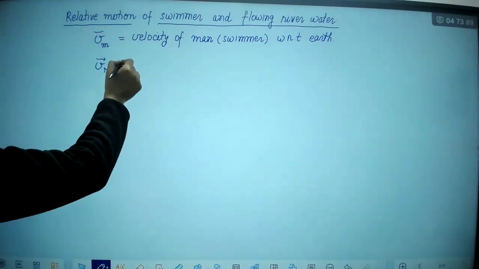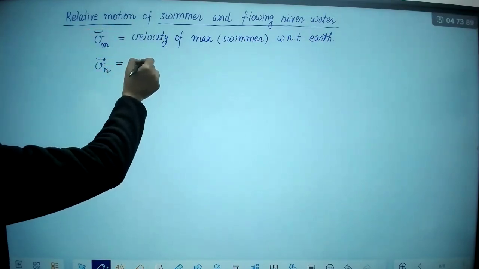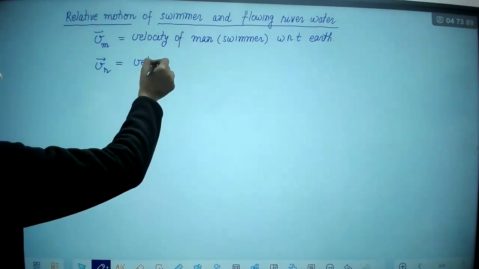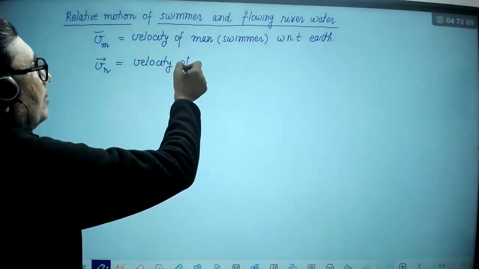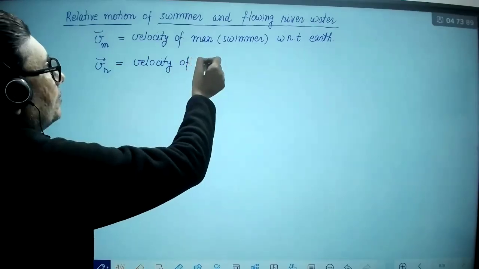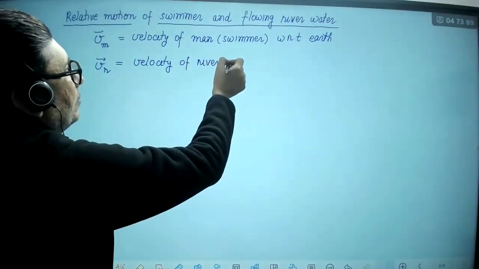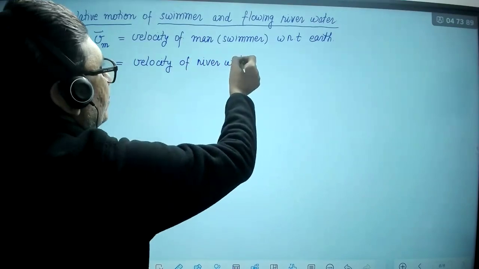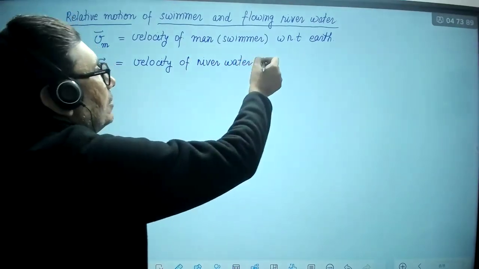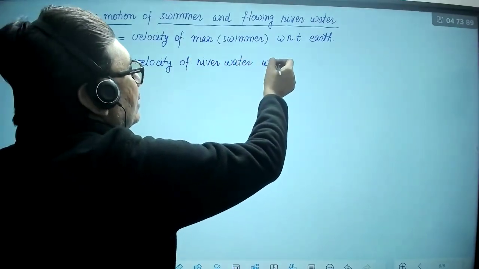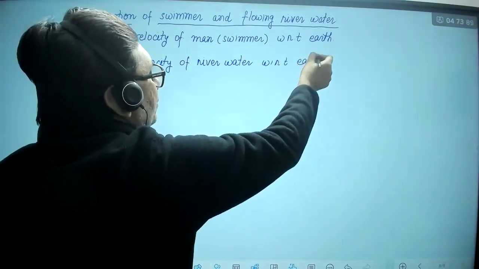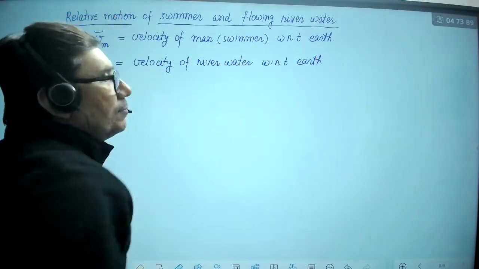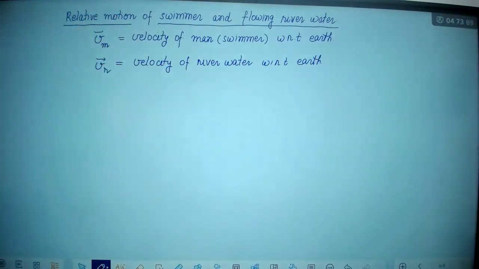This is velocity of river water with respect to earth.